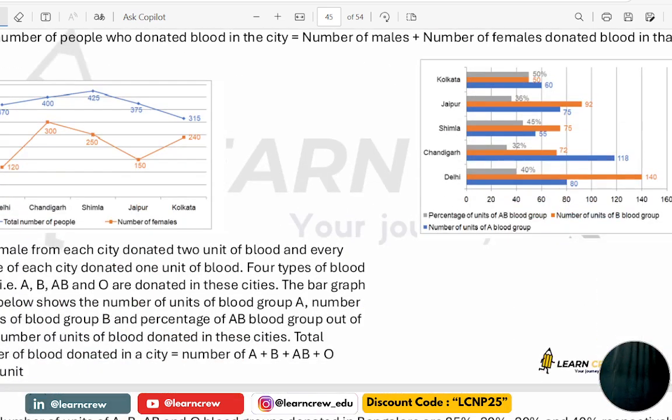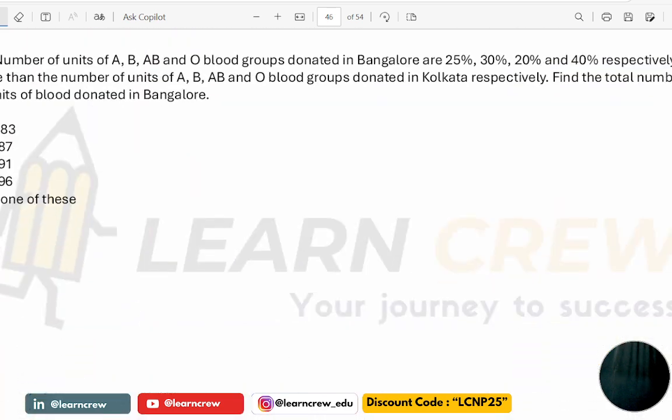Next, 33. The numbers of units of AB and O blood groups donated in Bangalore are 25%, 30%, 20% and 40% respectively more than the numbers of units of AB and O blood groups donated in Kolkata respectively. Find the total number of units. So here, the number of units of blood group in Bangalore would be 125% of 60, which is 75.